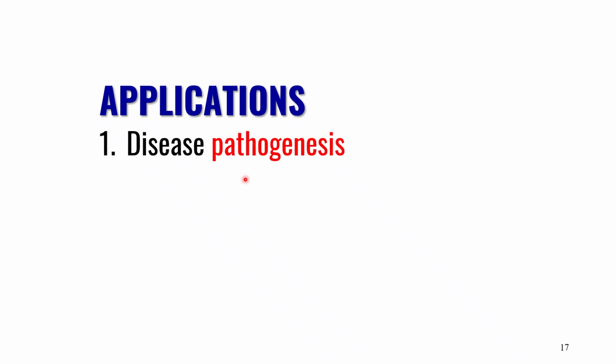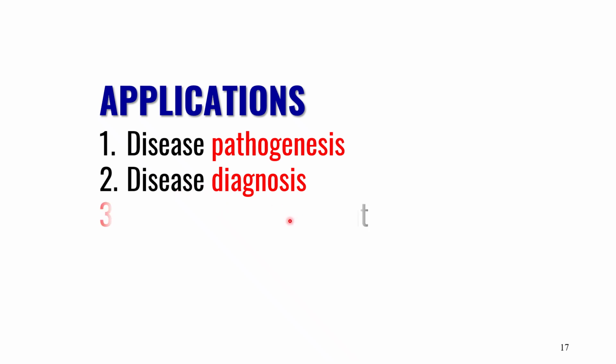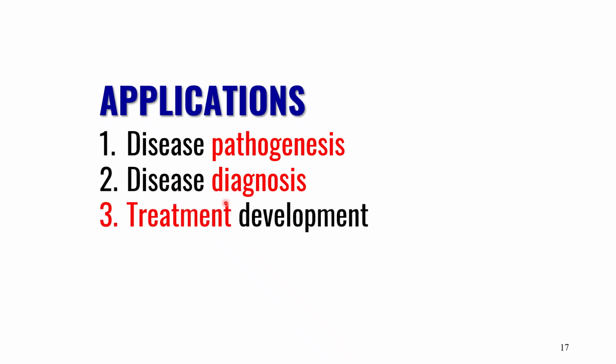So there are 4 applications I have listed. The first one is its application in understanding the disease pathogenesis. Second is in the development of diagnostic tools. And the third one is in the development of treatment strategies, including DNA, RNA vaccines or gene therapies, and also in DNA sequencing methods.